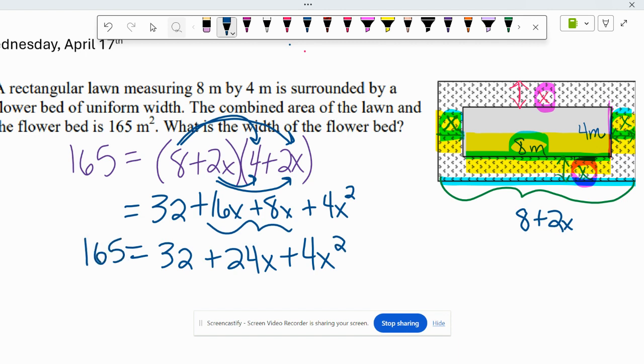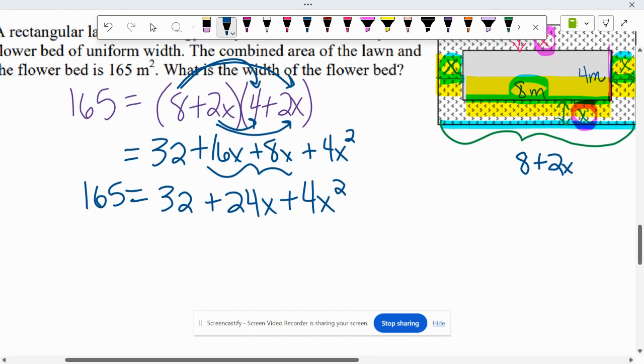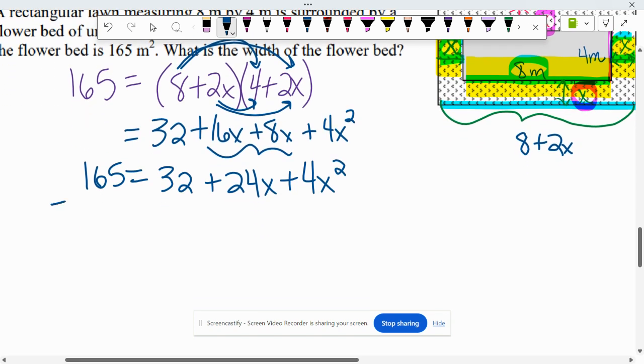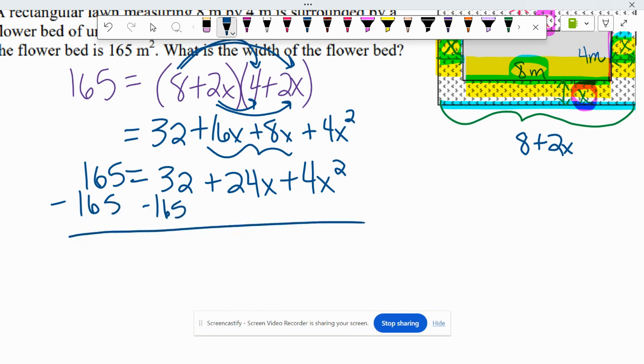Now what do I need to do? Yeah, I have to set it equal to 0. Subtract 165 from both sides. So 0 equals, well, 32 minus 165 is? Anyone?